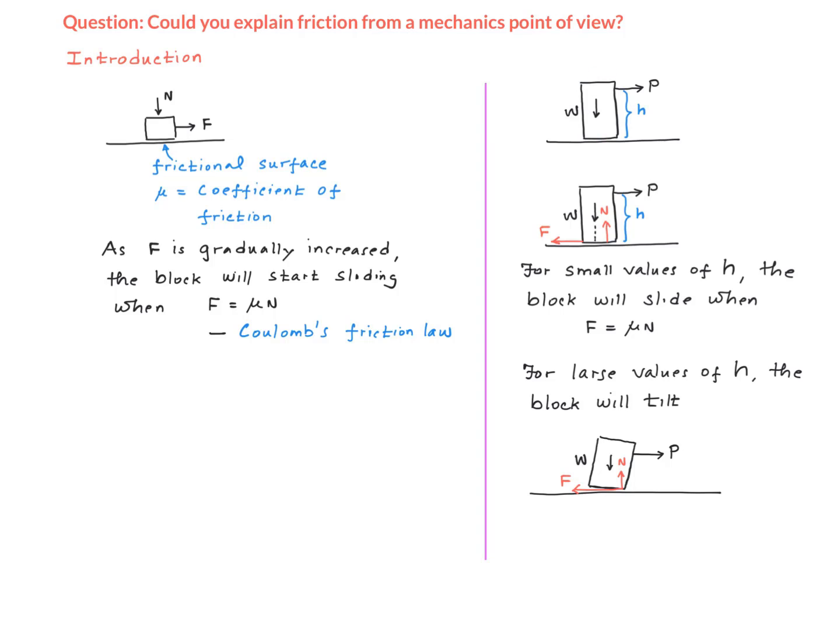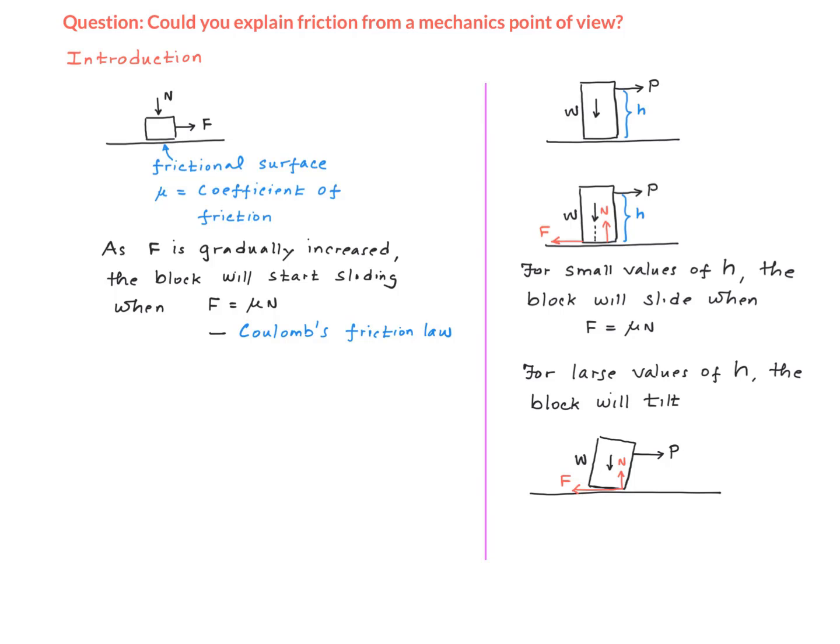We are pulling the block horizontally by holding it at the top of the block like in this picture. Then it turns out the likely mechanism of movement of the block is not going to be sliding but tilting like shown in this picture.